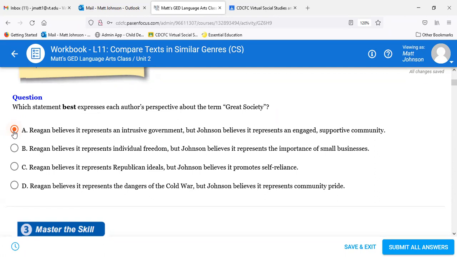He's talking about Johnson's programs in that. And you can infer, even just by knowing those two individuals and their ideas about politics, that Reagan is likely to think that those programs are intrusive government. That's big government, right? We hear that word a lot. So 1 is A.